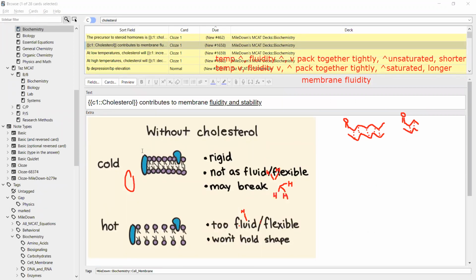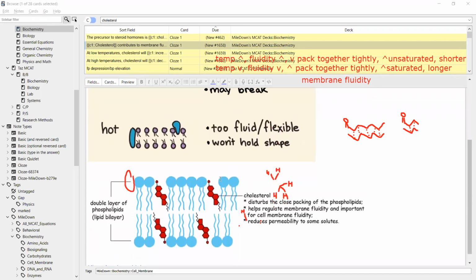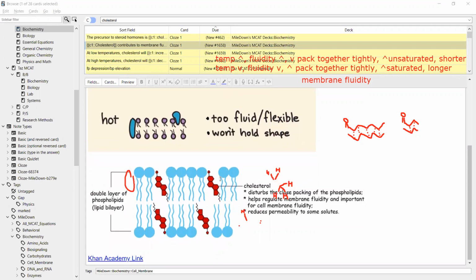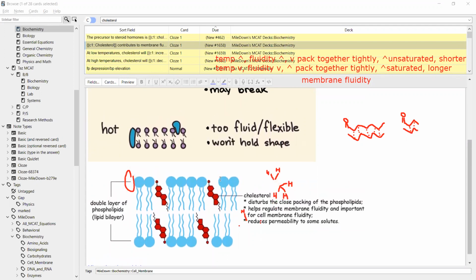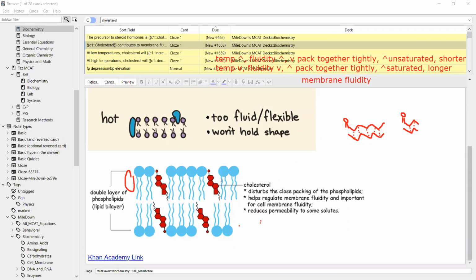Here we go. So cholesterol adds another factor to membrane fluidity. Cholesterol is kind of a bulky molecule in this membrane environment, right? What cholesterol does is it's kind of bulky and it's just in the membrane.